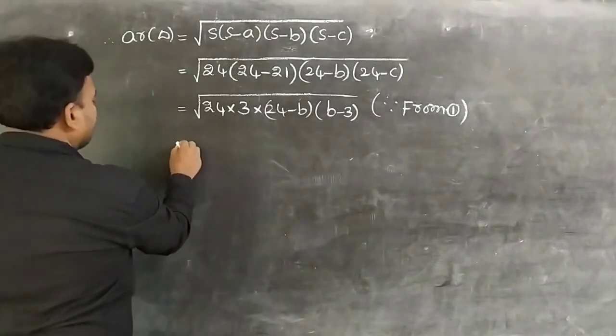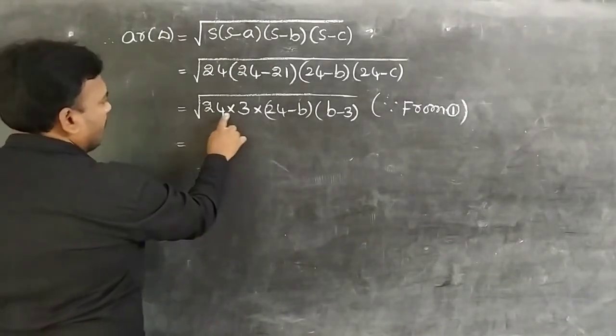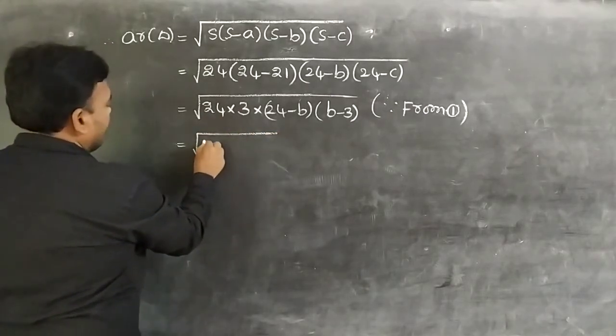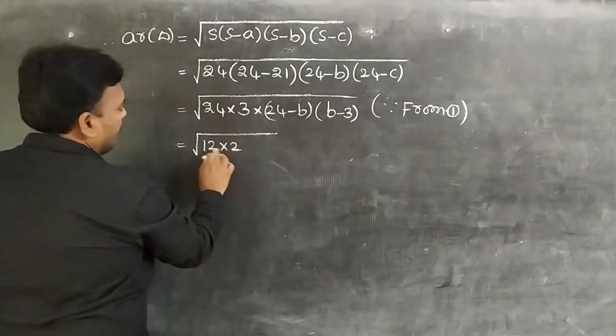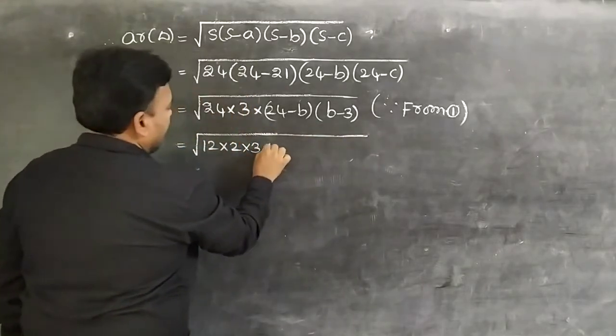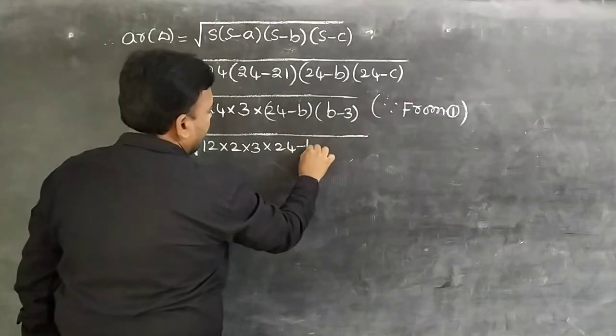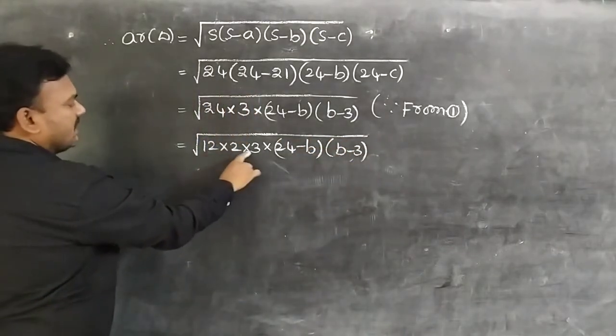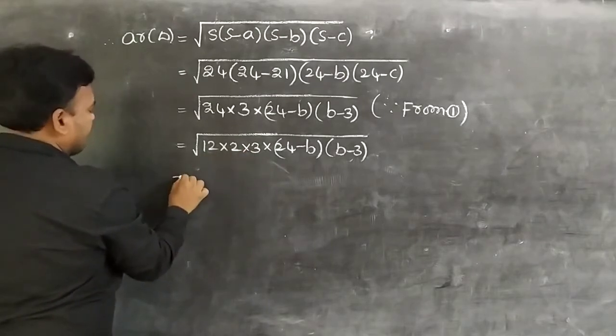Which implies 24 can be written as 12 into 2. So 12 into 2 is 24, into 3, and also into 24 minus B and also B minus 3, students. Okay, so 12 times 3 is 36.